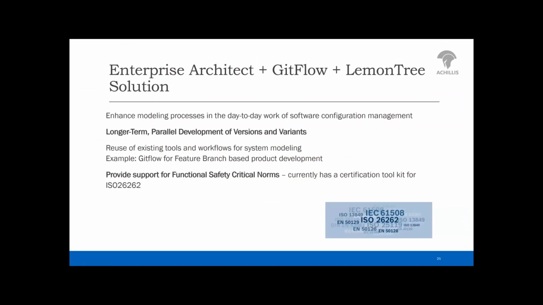So with this setup that I just demonstrated, naturally I demonstrated a simplistic scenario. Like Daniel mentioned, we worked in much more complex environments where, without this kind of setup, with Lemon Tree for visual diff and merge, following a Git flow kind of process, it becomes very unmanageable very quickly.